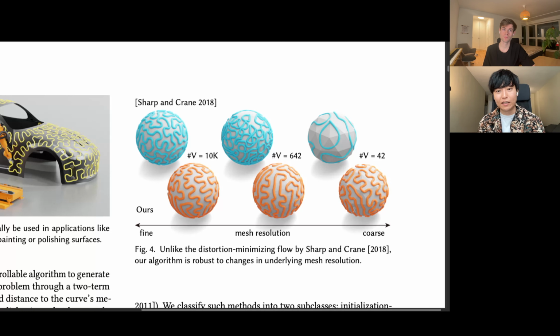But in our case, as I explained, we adopted this representation called piecewise geodesic representation, which basically allows you to place your node everywhere on the surface. It might be on the face, it might be on the vertex, or it might be on the edge, wherever. And then you also connect these nodes based on the geodesic path.